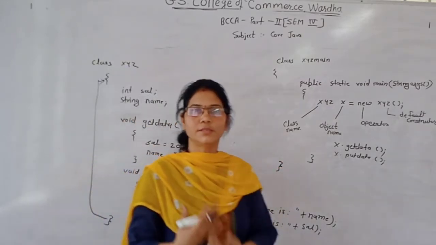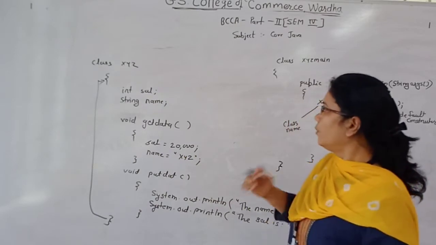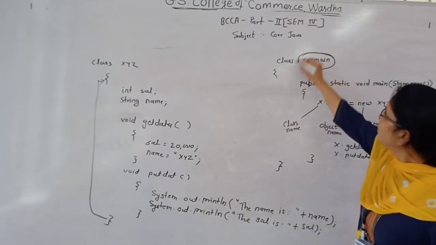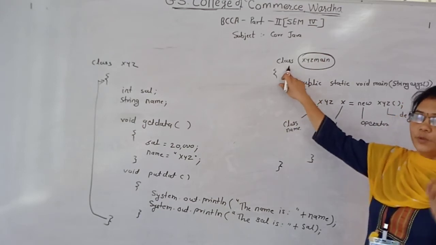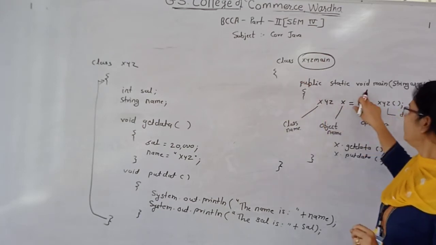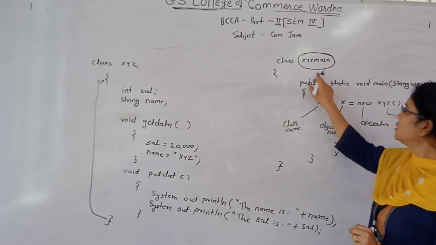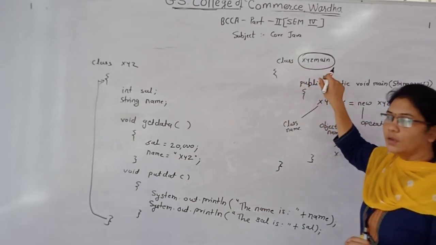So how can we save this file? Remember that the class which has the main function, we have to save that particular file with this class name. Why?